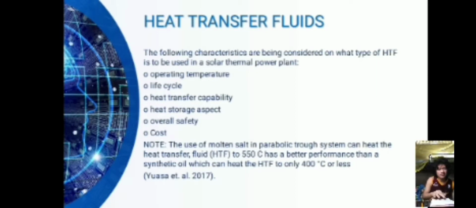So, mas malaki yung na-i-store niyang heat kaysa sa synthetic oil. So, kung molten salt yung gagamitin natin sa parabolic trough system na kayang mag-take ng 500 degrees Celsius, mas mapapatagal yung init niya bago mawala.